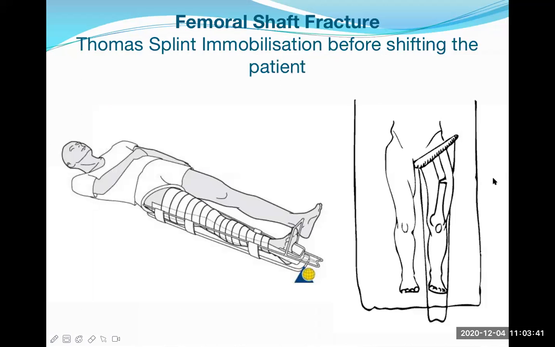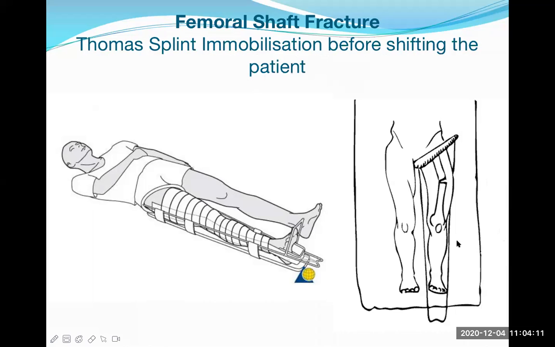Now, please, all of you, pay attention to this slide. If somebody has a femur fracture, how do we transport this patient to the hospital? This is done by Thomas splint immobilization. Usually we call the ambulance. This is a very serious type of fracture.